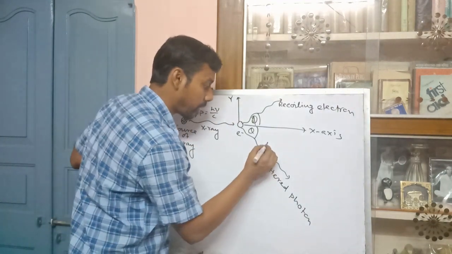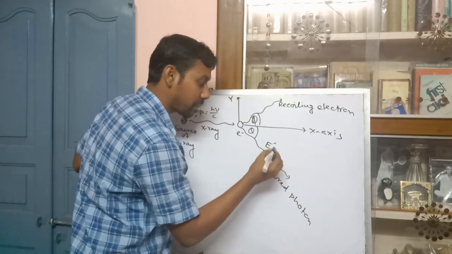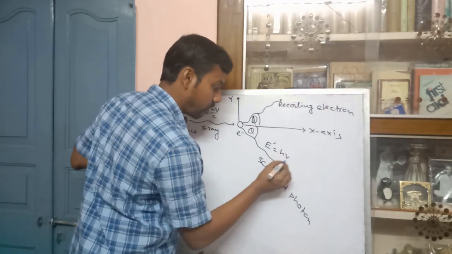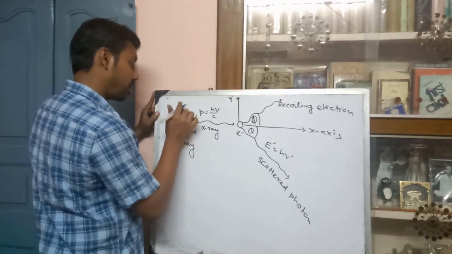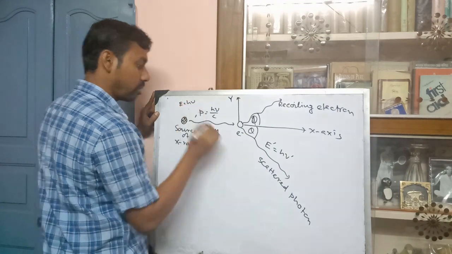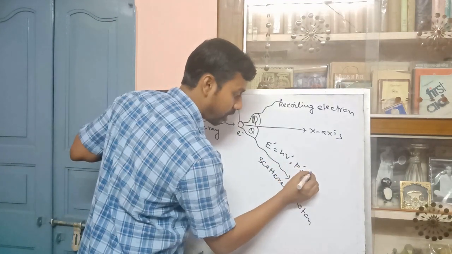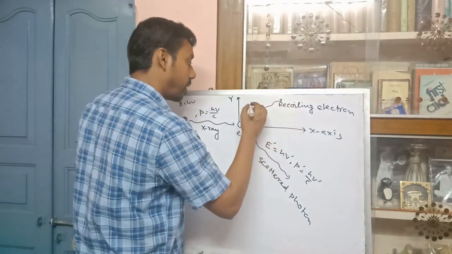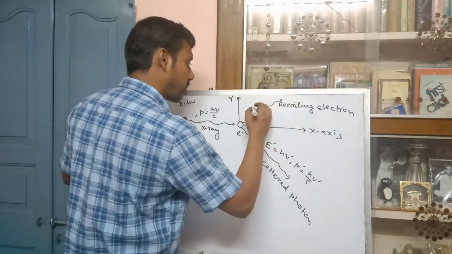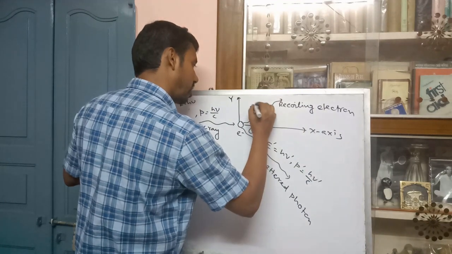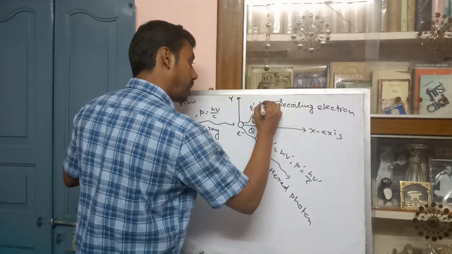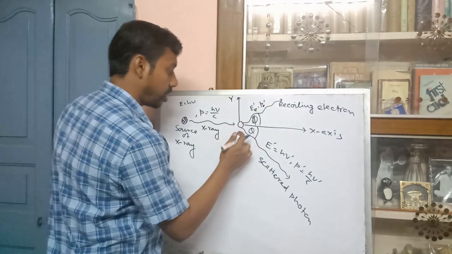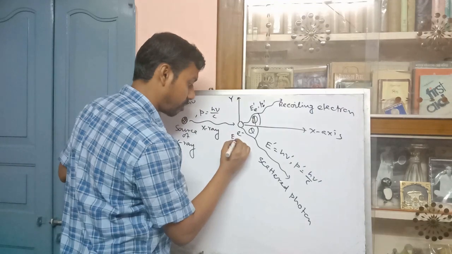The scattered photon has energy E dash, equal to h nu dash, and momentum P dash equal to h nu dash by c. The recoiling electron has energy E dash and momentum P dash, and the electron at rest has energy E.